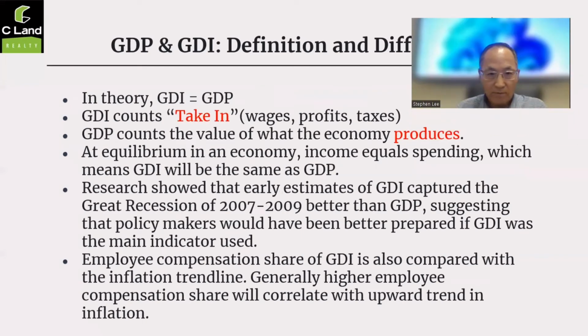Let's check with some facts related to GDP and GDI. In theory, GDI equals GDP, in theory. Essentially, GDI counts wages, profits, and taxes, and GDP counts the value of what the economy produces.